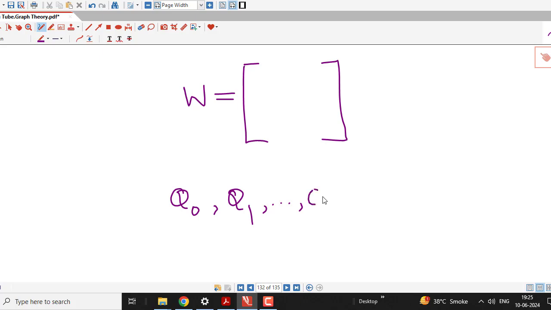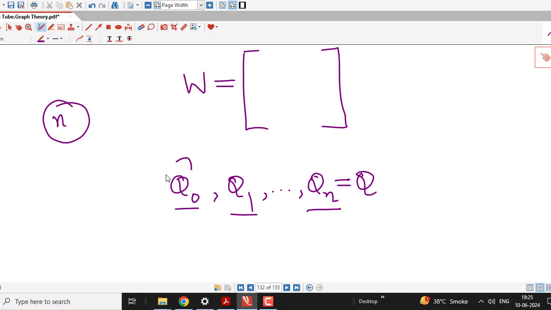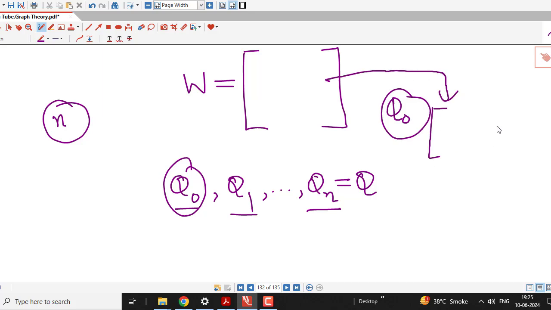If there are n vertices in the graph, then we have to obtain q0, q1 up to qn, and qn will be the required final matrix. To write down q0, that is the initial matrix, we will write down entries of w as it is, and the entries of w which are 0 will be replaced by infinity.